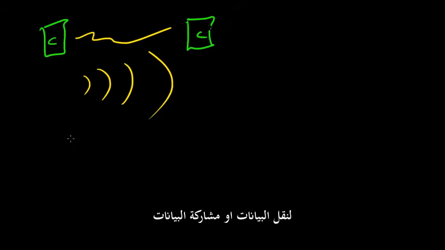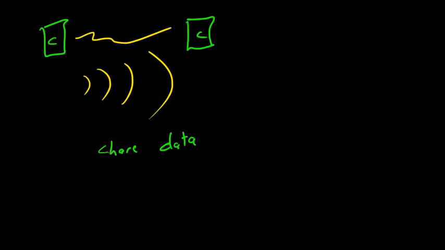So basically, let's go ahead and talk a little bit about the copper wire or the Wi-Fi waves. You need this part of a computer network because whenever you connect two computers to each other, they need a way to transmit data or share data. Just go ahead and write that.